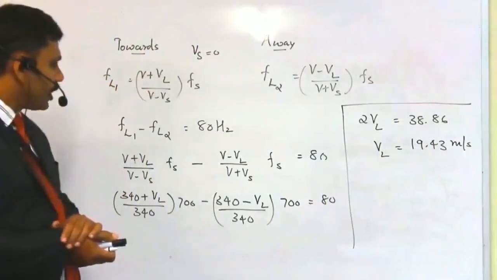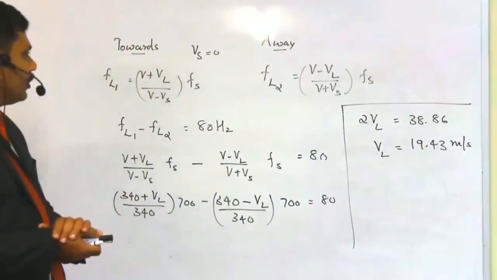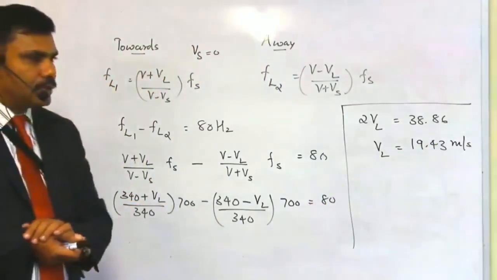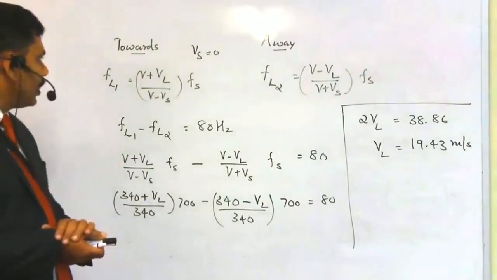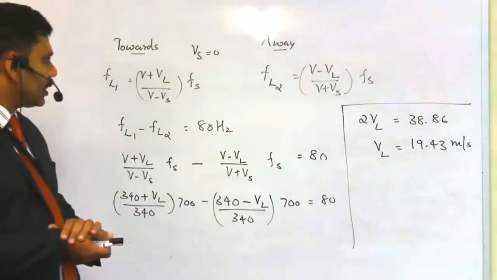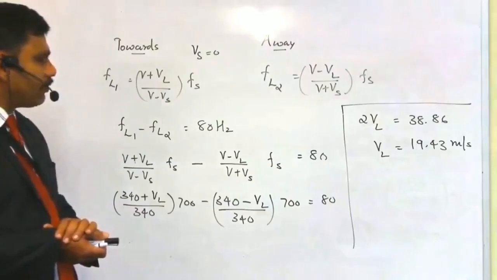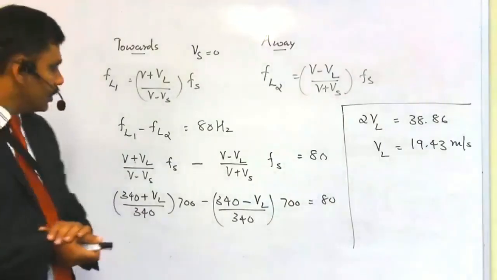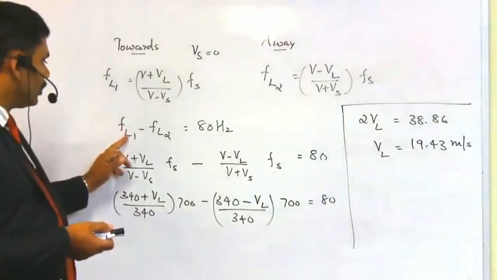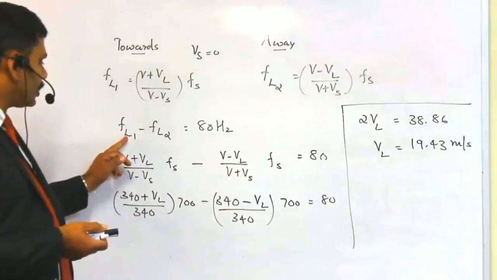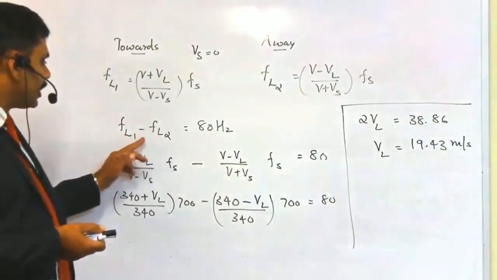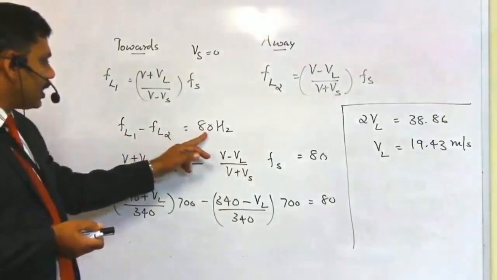So here we are considering two cases. First is the listener moving towards the source, and the second case is the listener moving away from the source. In the question it is clearly mentioned that the difference in frequency heard by the listener is 80 Hz.